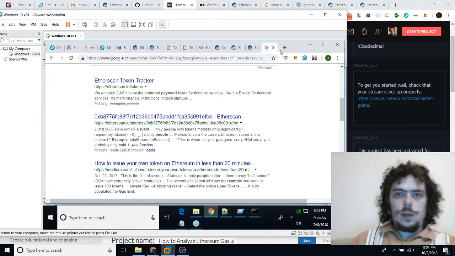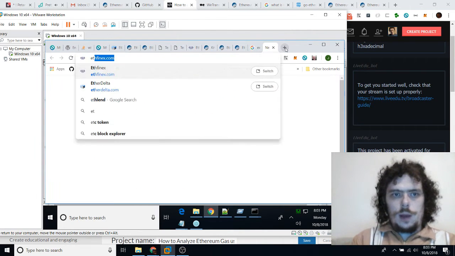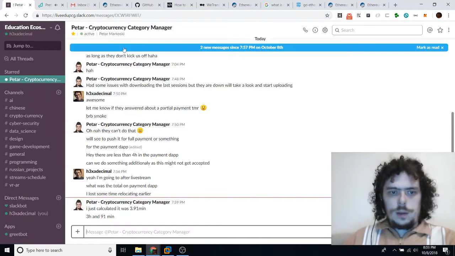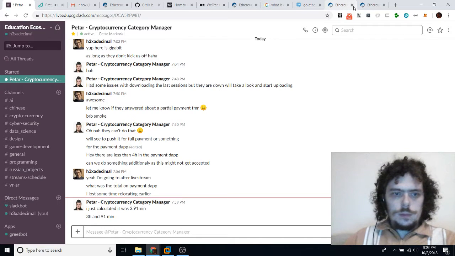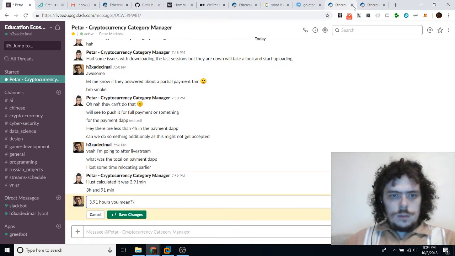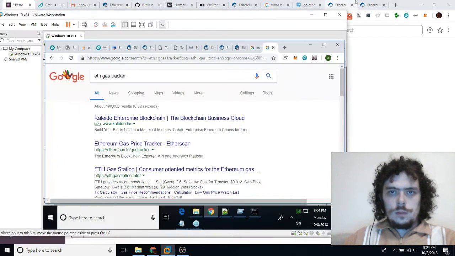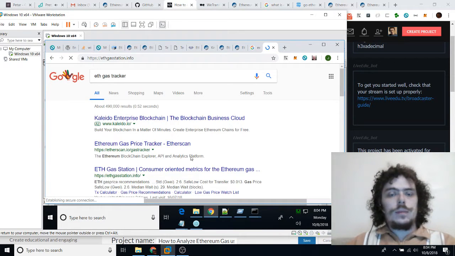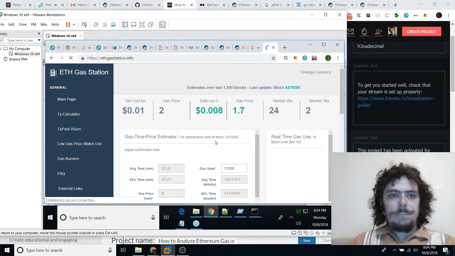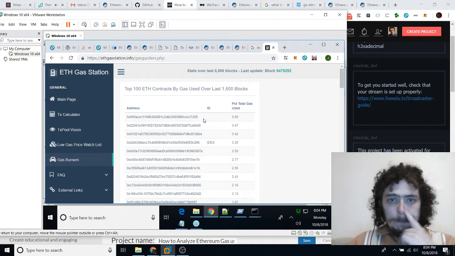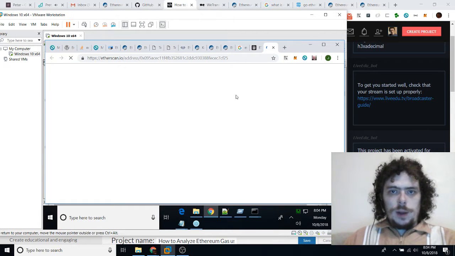Well, actually, we could skip ahead a section and look at ETH gas tracker, because they have a section on their site that shows us people that spend a lot in gas. So let's see why these people are paying a lot of gas.